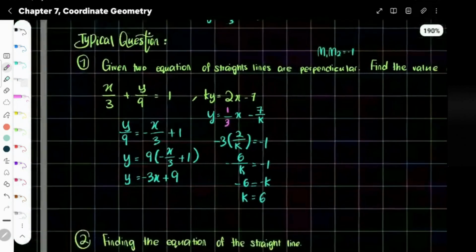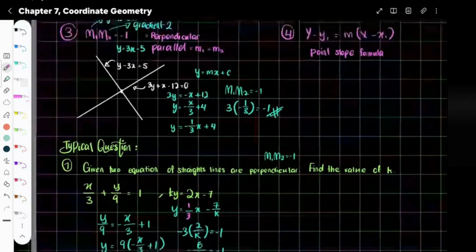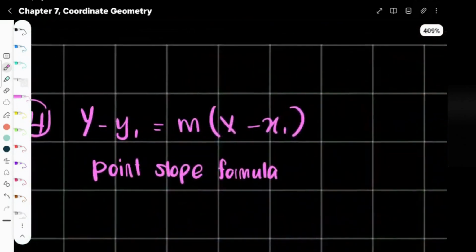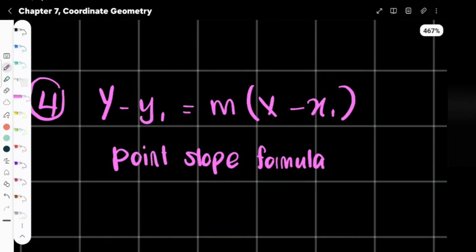Okay, the last part for today before I move on to the other chapter. You will learn this formula here, the point slope formula. You can use it if you want to, but if you don't like memorizing a new formula, it's fine, you can use the traditional method. But I prefer if you use this formula. What is this formula?